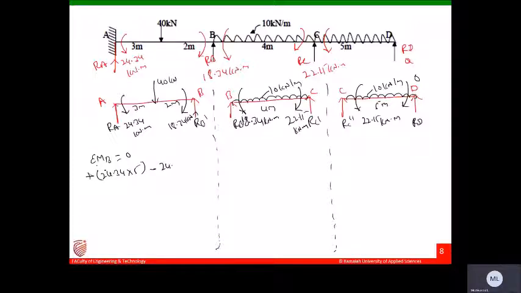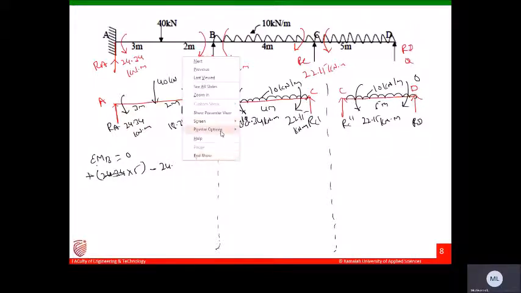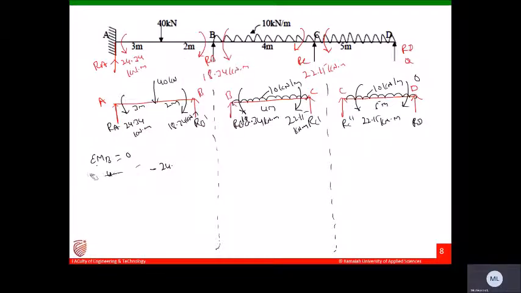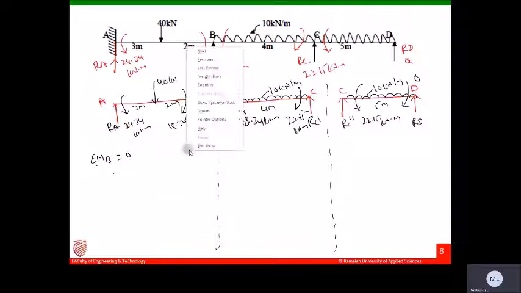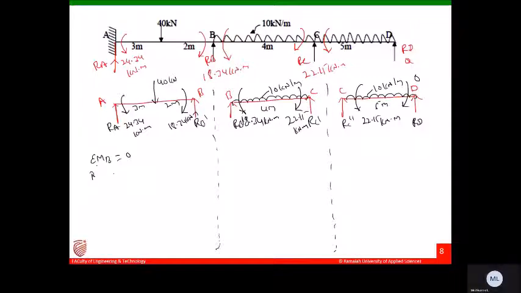Sorry guys. RA into 5, rotating clockwise plus, minus 24.34 minus of 40 into 2 plus of 18.34, that equals to 0.